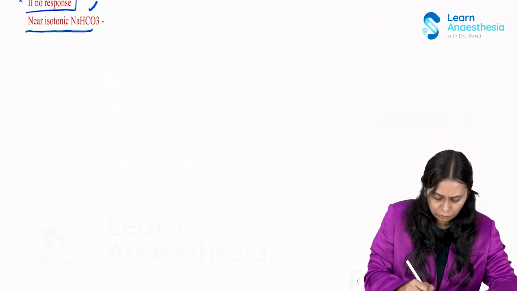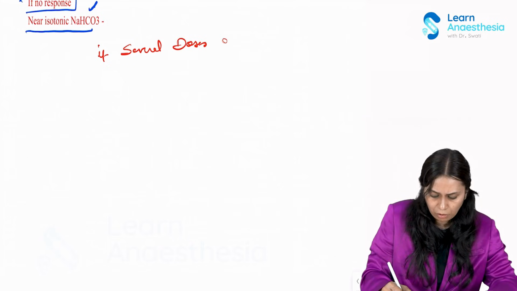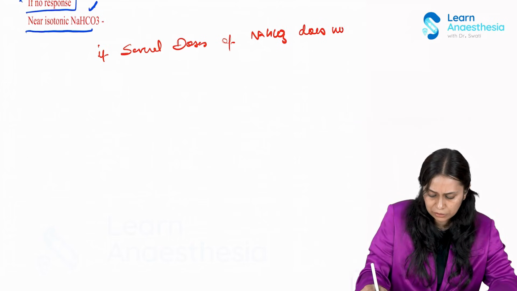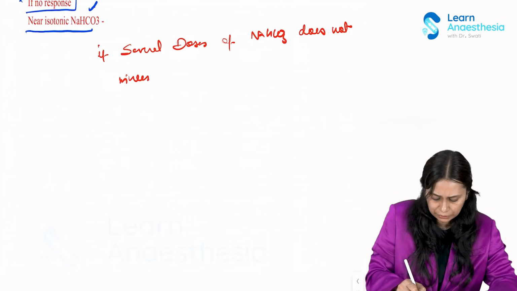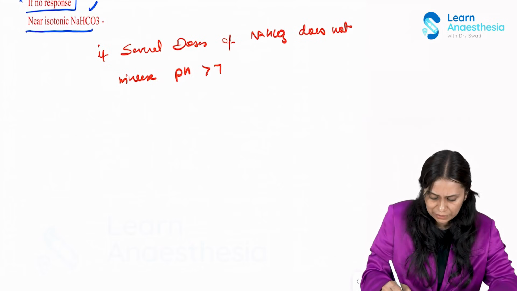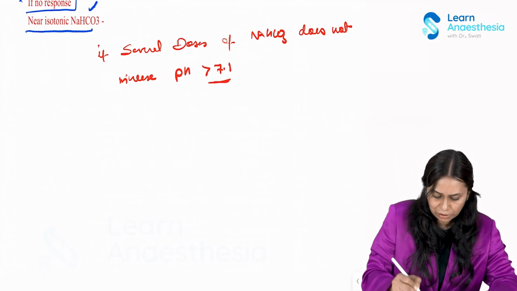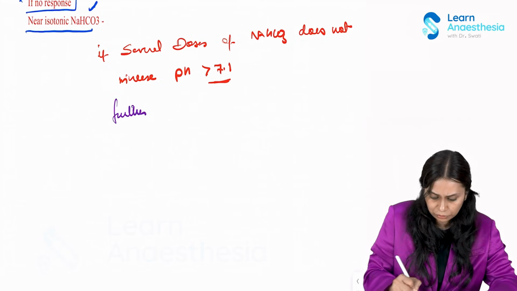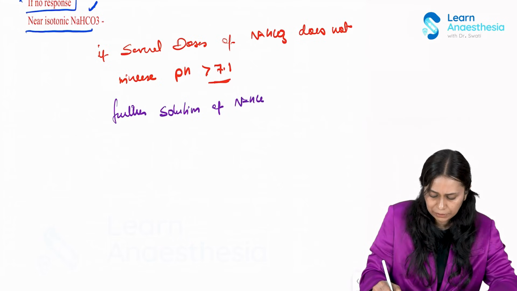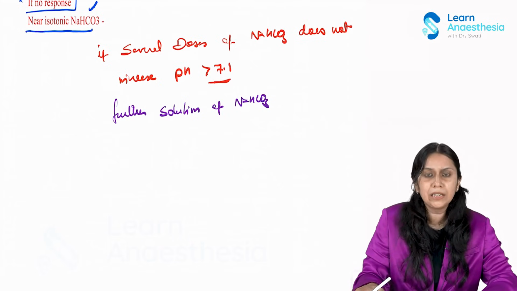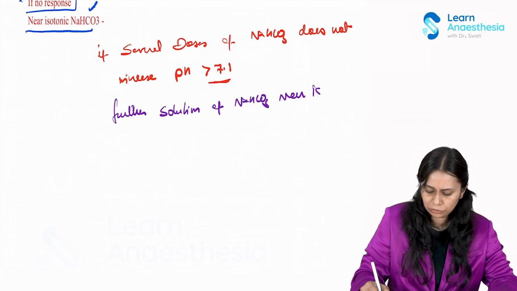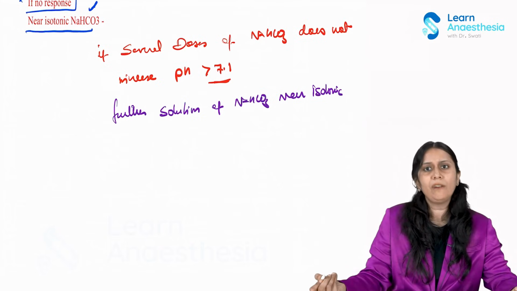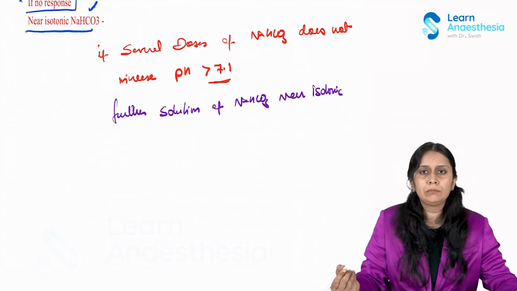If several doses of sodium bicarbonate do not increase the pH above 7.1, further solution of sodium bicarbonate can be given after making it near isotonic. How can I make it near isotonic? Obviously by mixing it with dextrose.